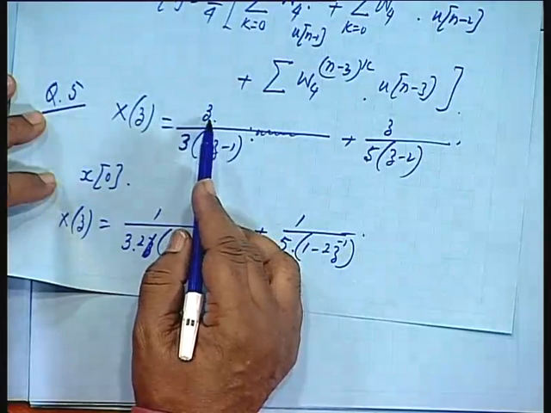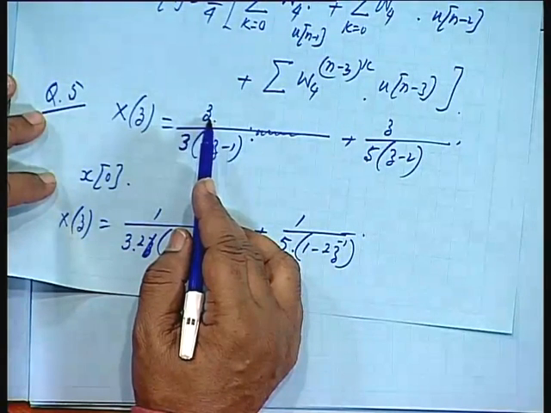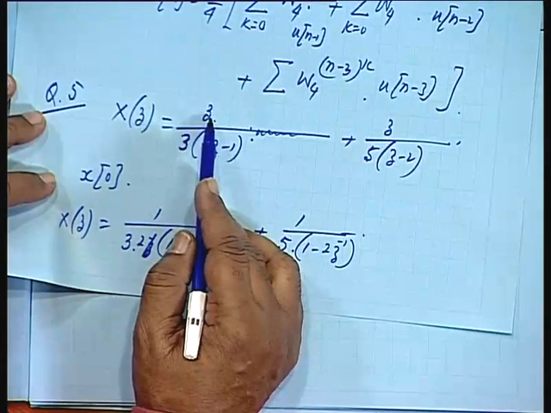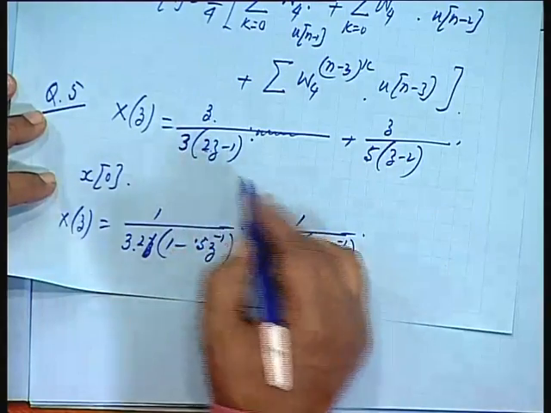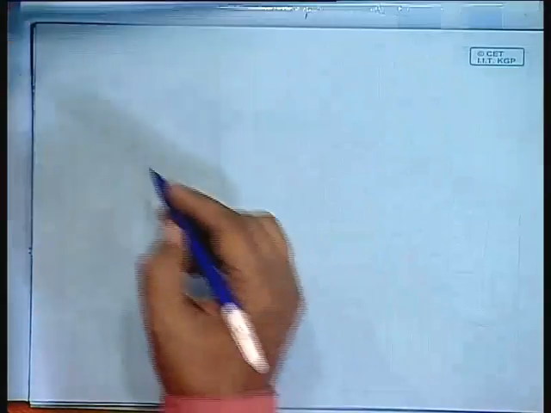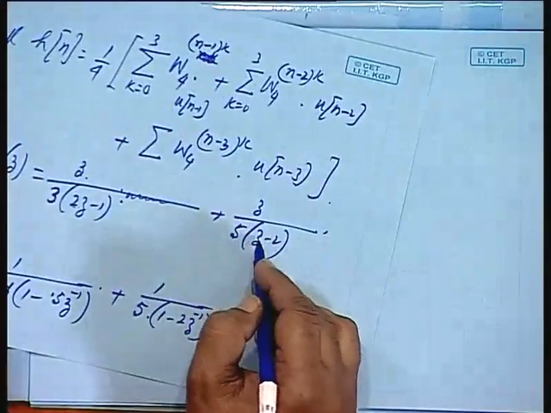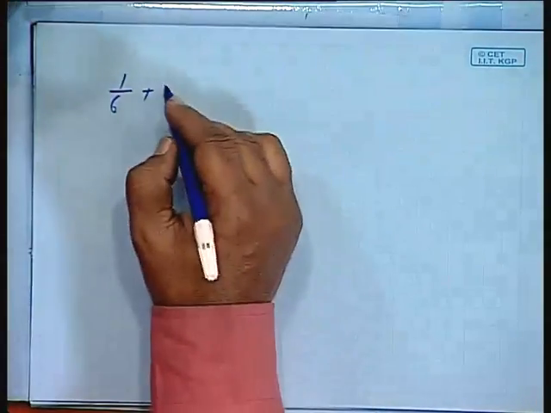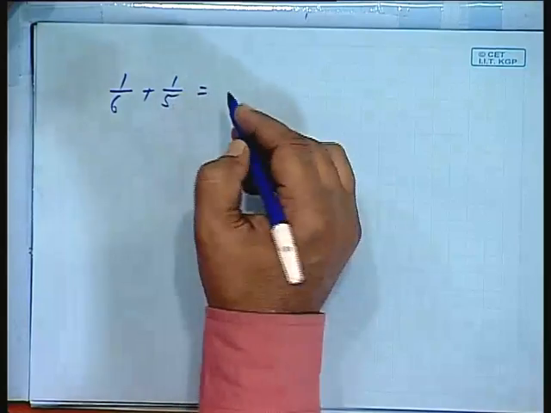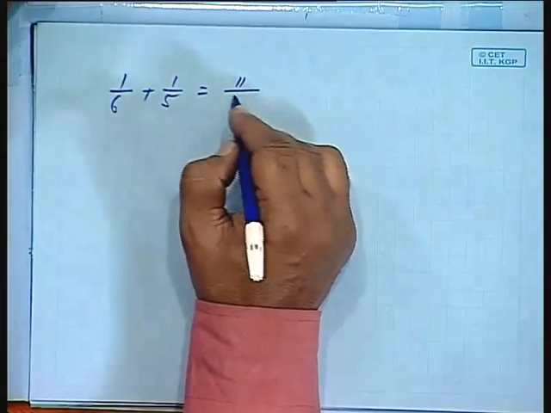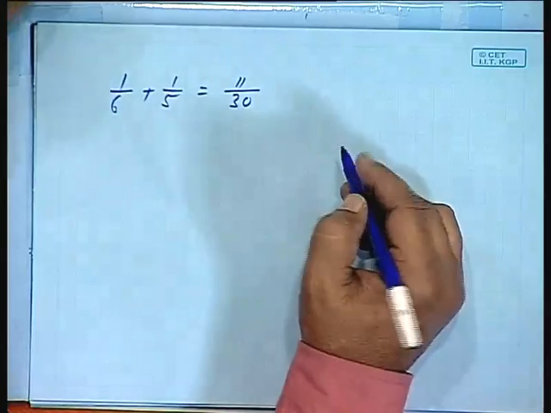If I make z equal to infinity, right here, this will become z by 6z, so 1 by 6 plus, similarly this becomes 1 by 5. So, that is 11 by 30.